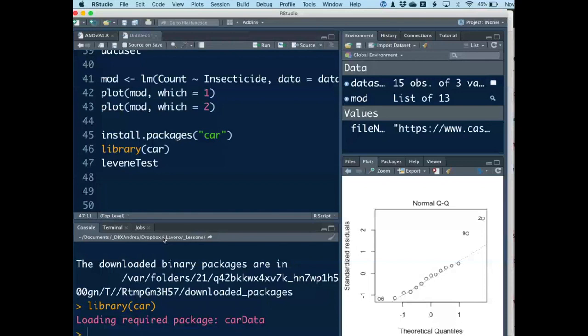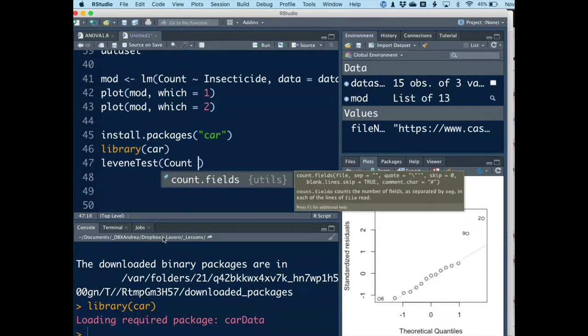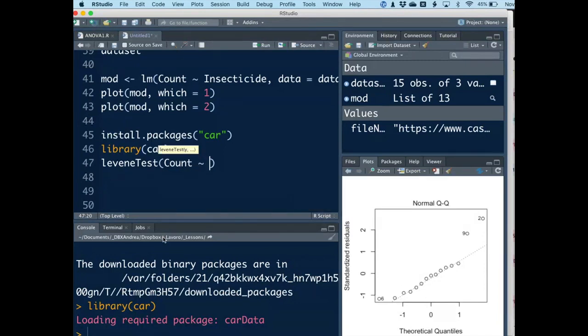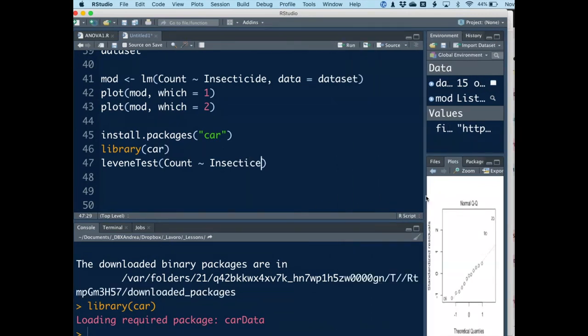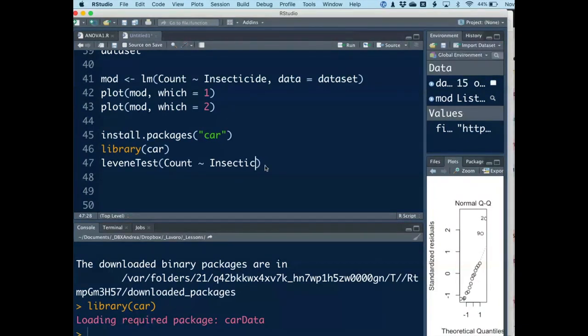Right? So the syntax is rather similar to the syntax for fitting the model. Insecticide, the data.